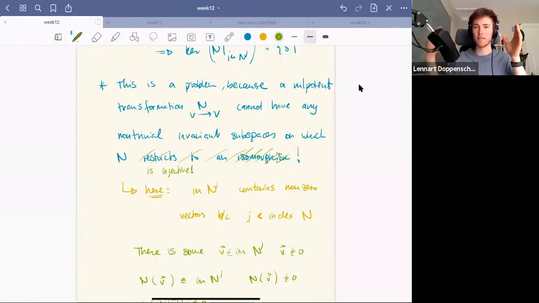You can apply n to it, and because the subspace is invariant, you know that you're going to land back in the same subspace, and because n is injective on the subspace, you know that n applied to this one vector over and over again is going to be non-zero for eternity. But that contradicts the map being nilpotent.